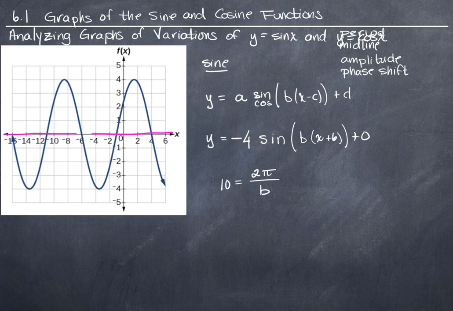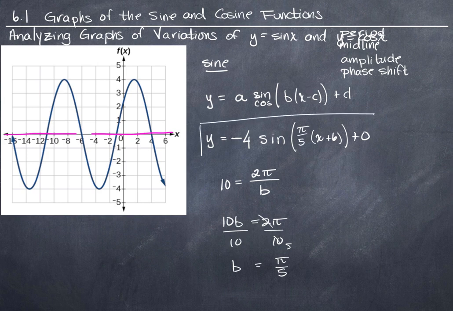And then I can solve this equation, multiplying both sides and then dividing both sides by 10. I get b equals, I can reduce this, pi over 5. So now I can replace my b with pi over 5. And there's my solution. There's my equation for this graph.